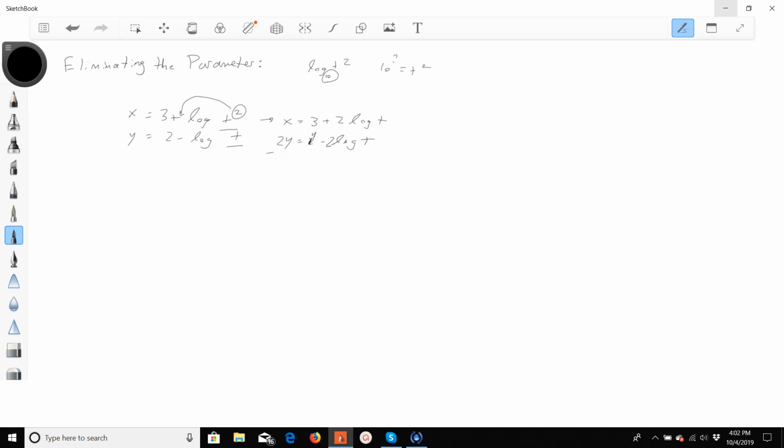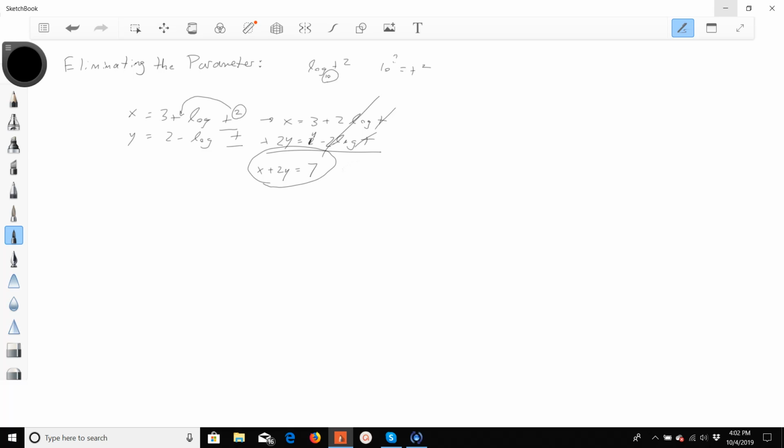And the reason why I did that is because I'm going to add these. I'm going to get x plus 2y is equal to 7. And because those are going to go away, right? I want those t's to go away. That's what it means to eliminate the parameter. This t is gone, that t is gone. They're gone. And that is our desired function in Cartesian form.